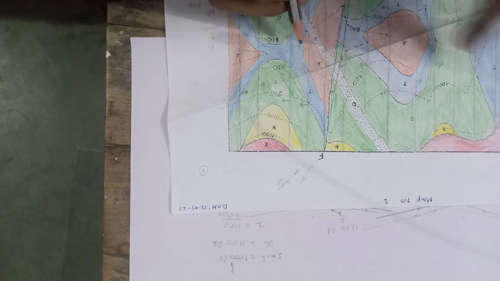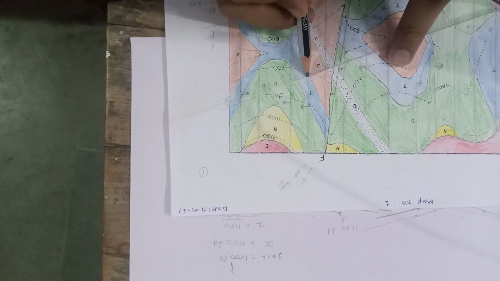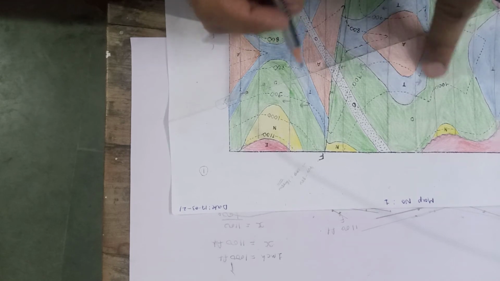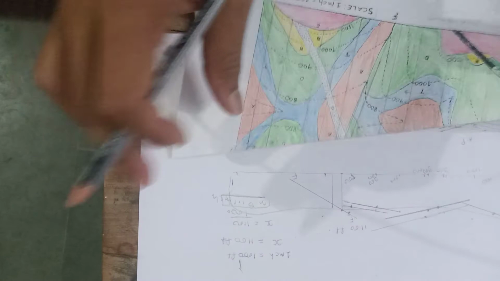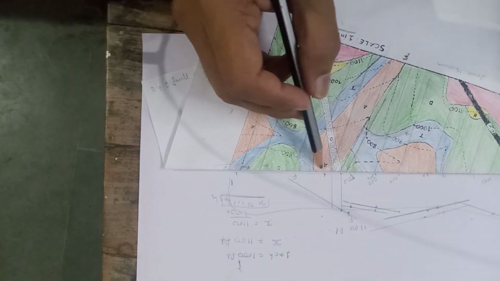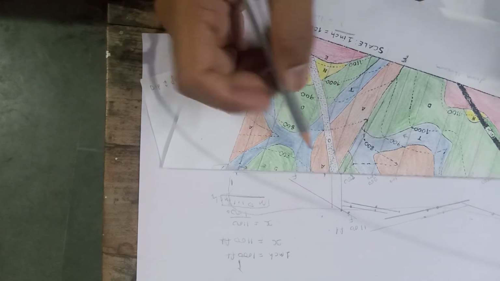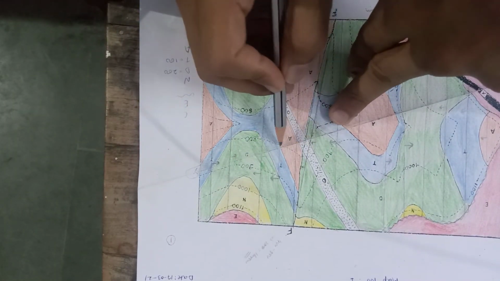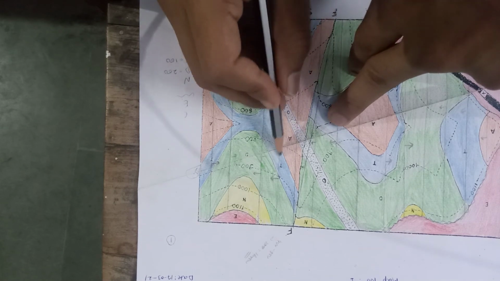Now to make a bed for these two strike lines, this and this both are dipping in this direction. So for that we observe that A and T beds are exposed on a profile section. So we need to understand how many strike lines are cutting the A and T contact.